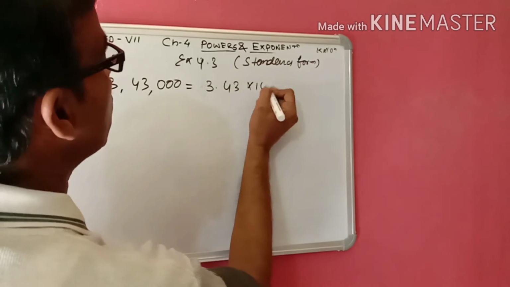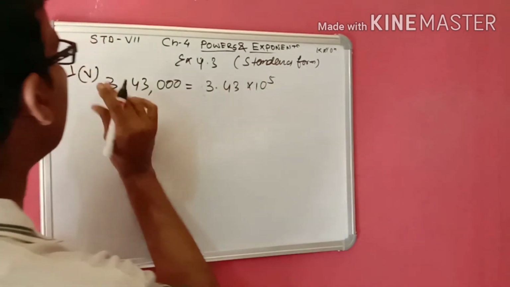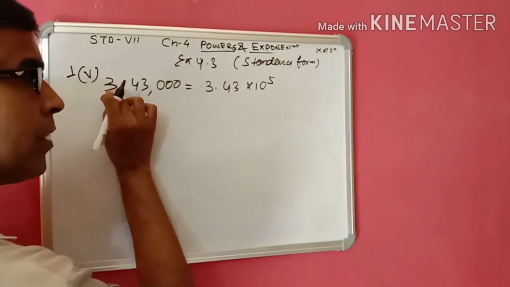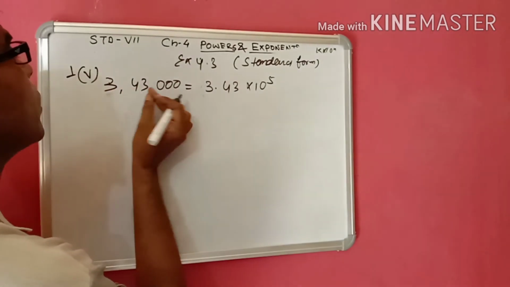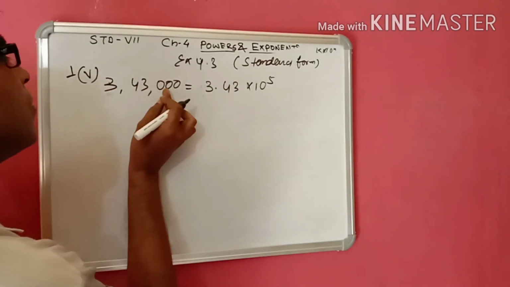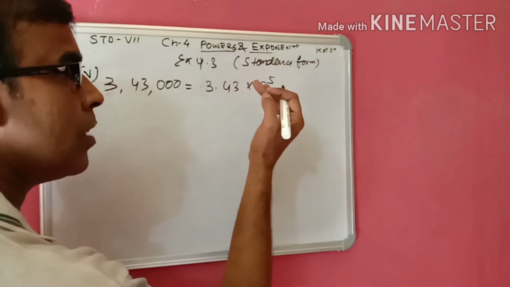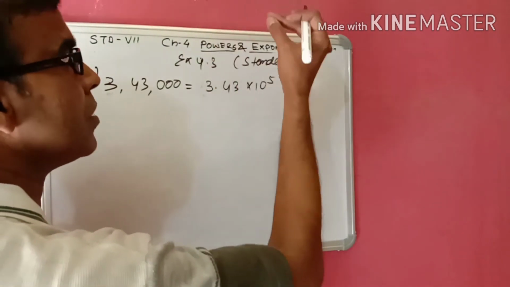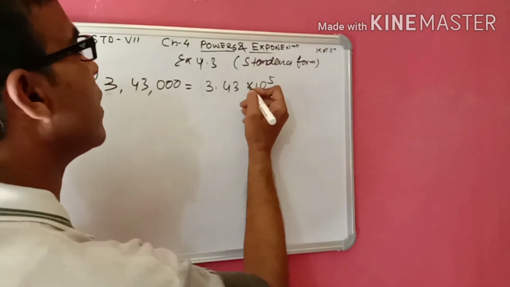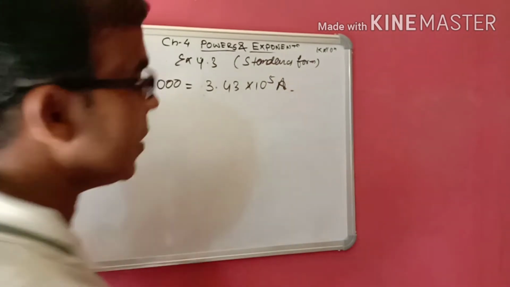I can write 10 to the power 5. Simple. After one digit you put the decimal, count the number of digits, 1 2 3 4 5, then raise 10 to the power of that 5. This is your required answer.